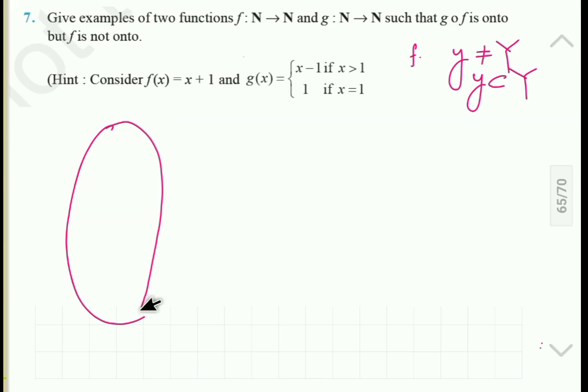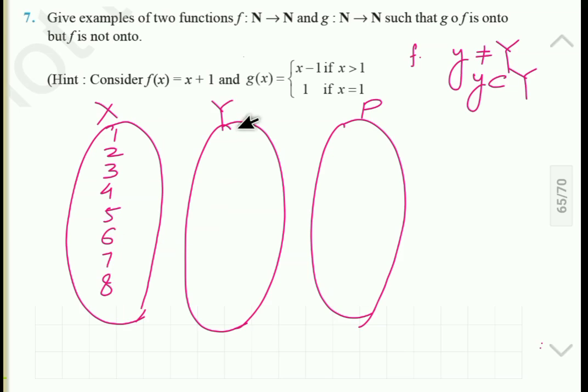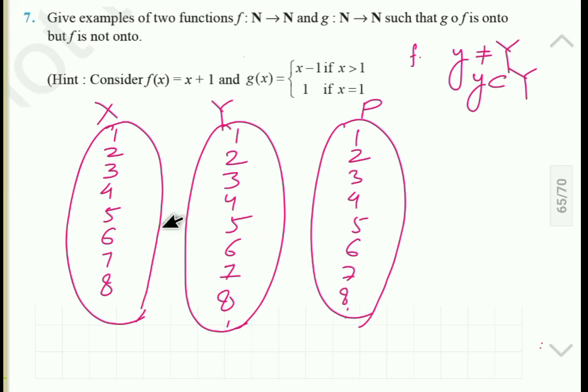We have a set X, another set Y, and another set P. The elements of each are 1, 2, 3, 4, 5, 6, 7, 8, and so on. We will define a mapping f and a mapping g.